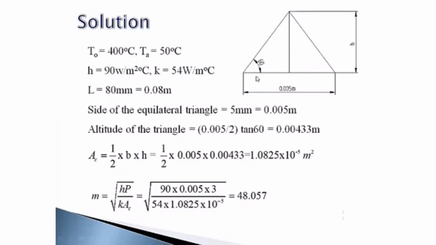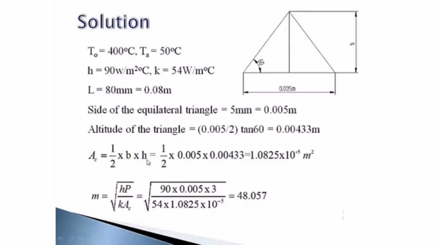So h is equal to 0.005 by 2 into tan 60, which will give 0.00433 meter.